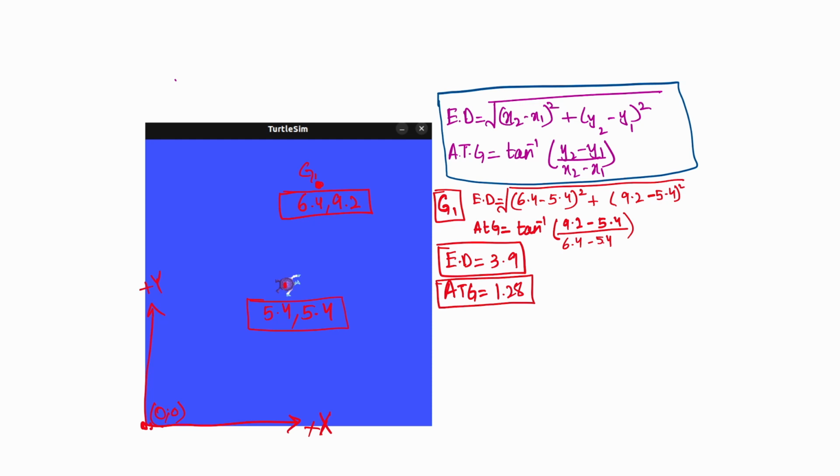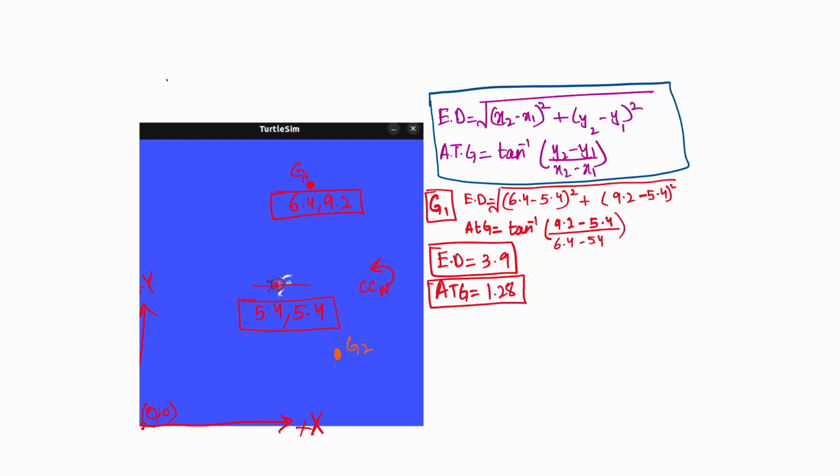So in radians, when we talk about a positive number, that means you need to perform counterclockwise rotation. So it needs to rotate. This is the 0, this is 1.57, so it has to move somewhere like this, which is again pointing towards the goal. Now let's do another example in which our goal is at this specific point.